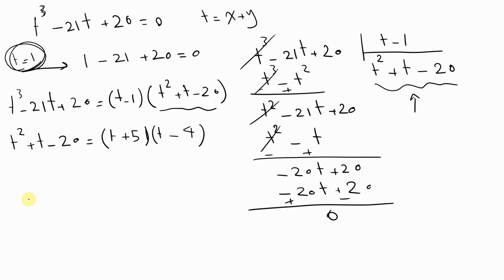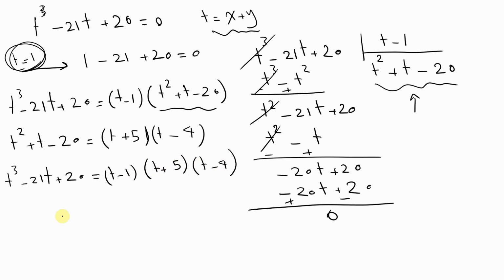Now here are all the possible options for x plus y. We can rearrange this equation, t cubed minus 21t plus 20, and rewrite it as t minus 1 times t plus 5 times t minus 4.